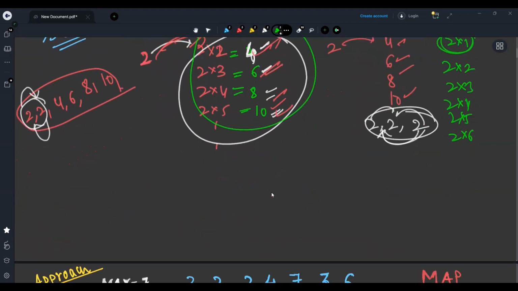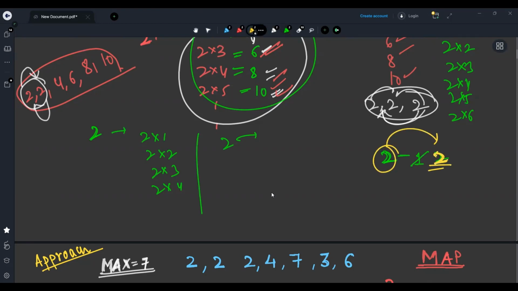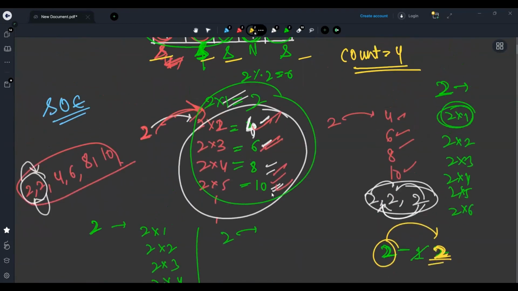Because let's say I have element 2, and this will mark 2 into 1, 2 into 2, 2 into 3, 2 into 4. So 2's count will become 1. Now again 2 comes, so 2's count will become 2. This tells me that 2 is repeating 2 times. If 2 is repeating 2 times or more, that means they can divide each other.